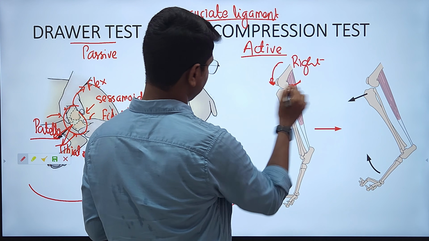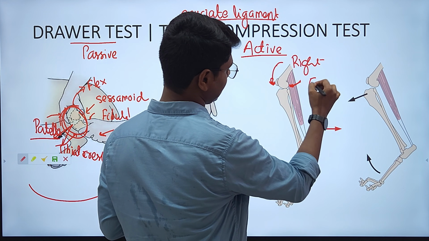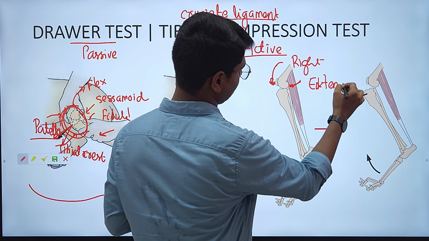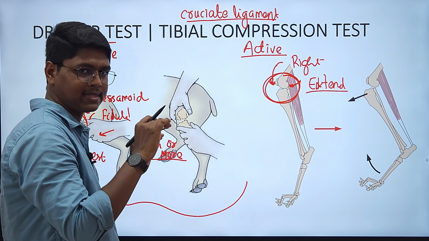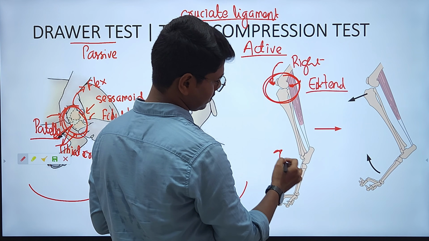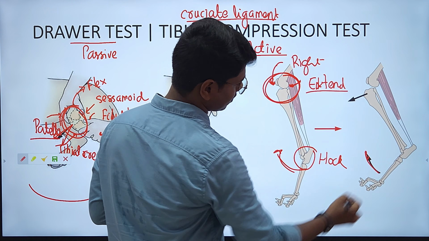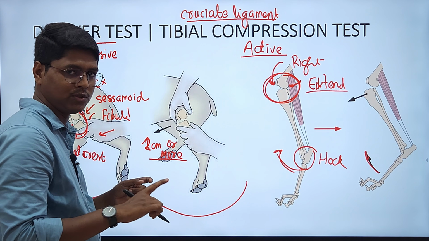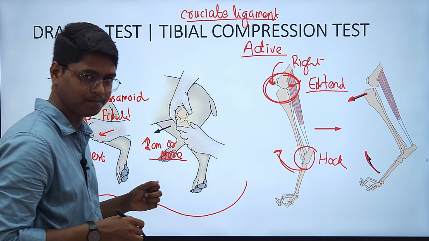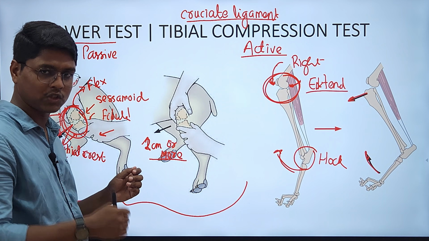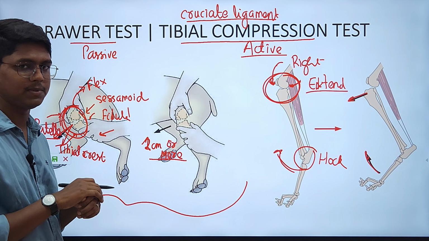In the drawer test you flexed the stifle, but here you slightly extend the stifle joint. In this mildly extended state, try to flex the hock. If there is a cruciate ligament injury, you can feel the thrust of the tibia going cranially. If you feel the thrust, it is a positive tibial compression test, meaning the cruciate ligament has been injured.